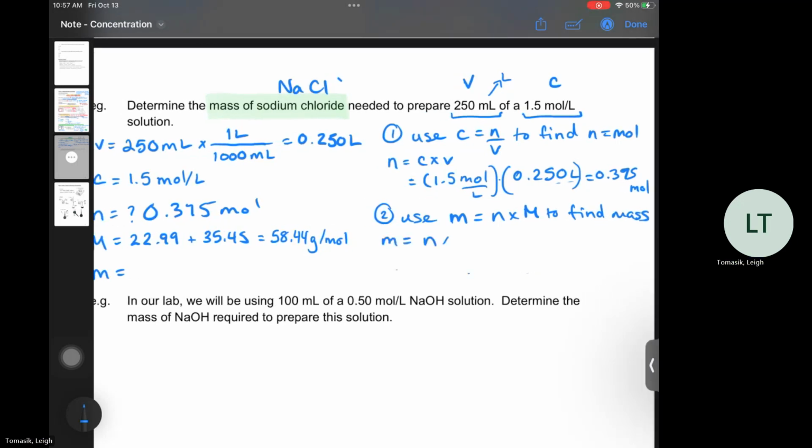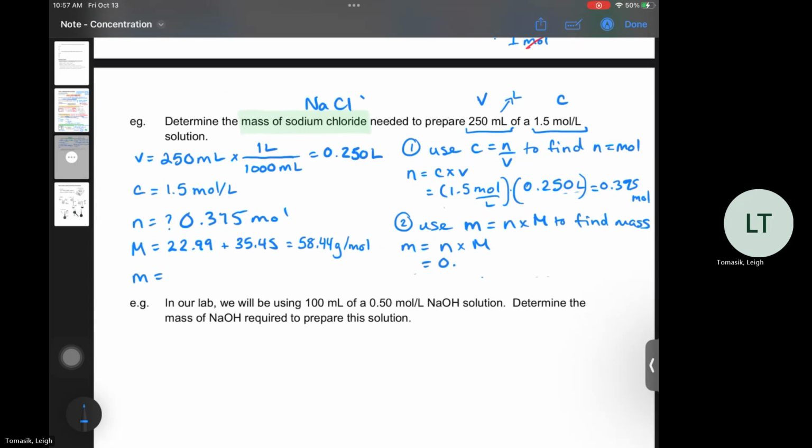So m equals n times M, which is 0.375 moles times 58.44 grams per mole equals 21.915 grams, but we're going to convert it to 2 sig figs.